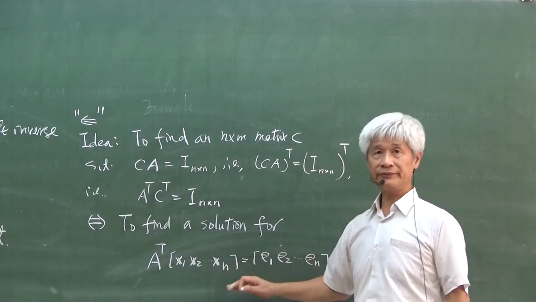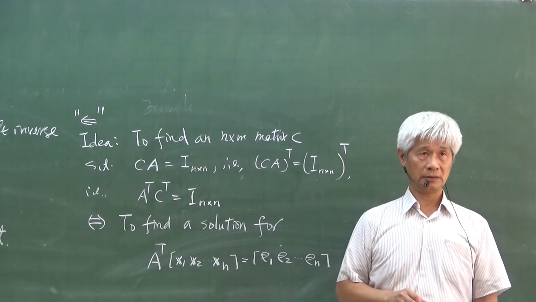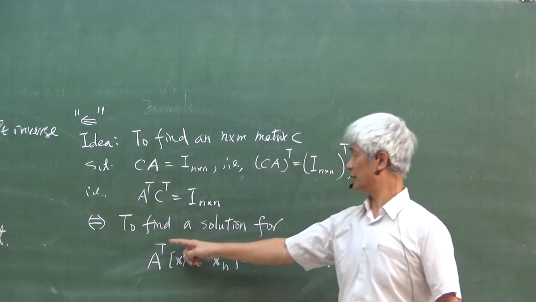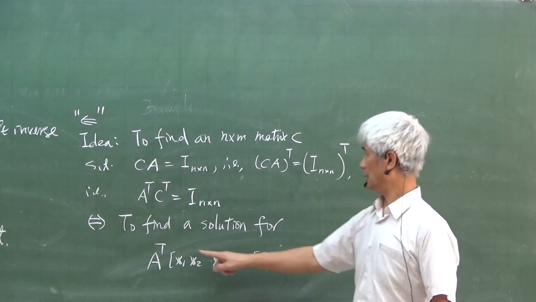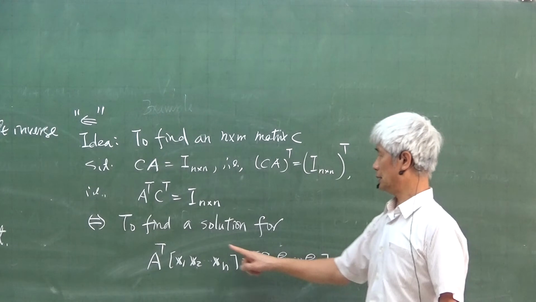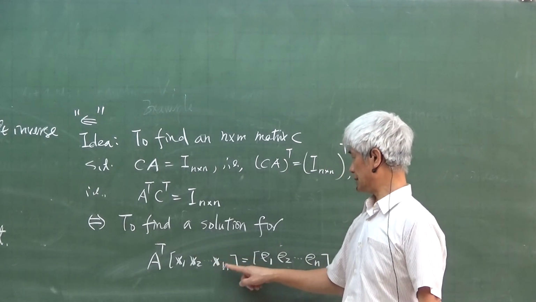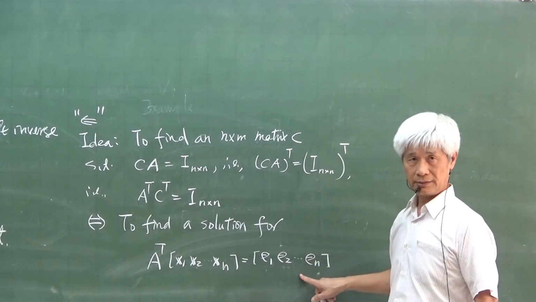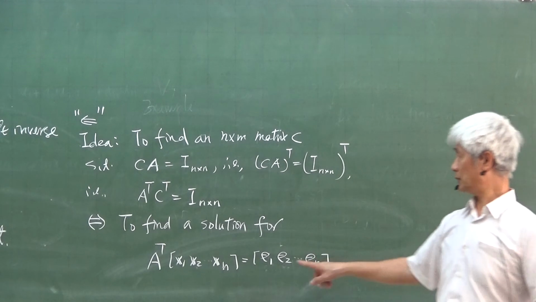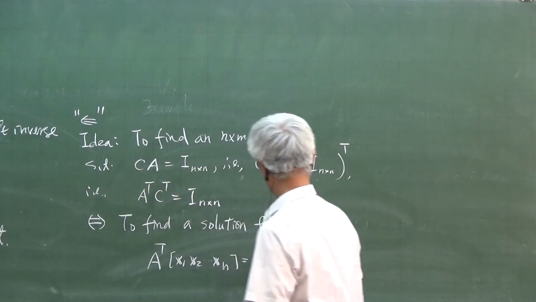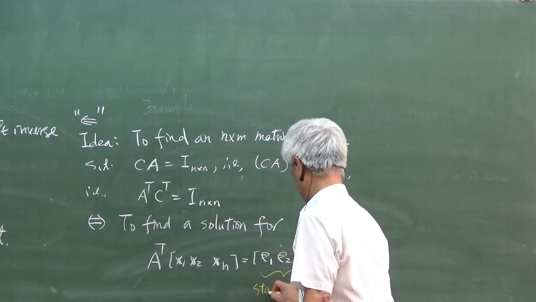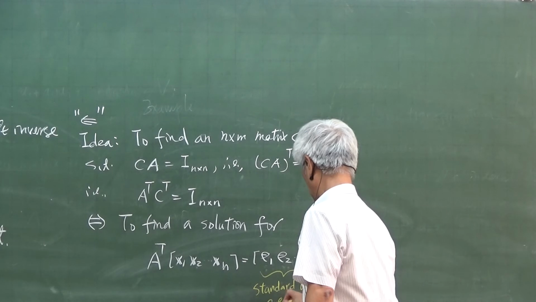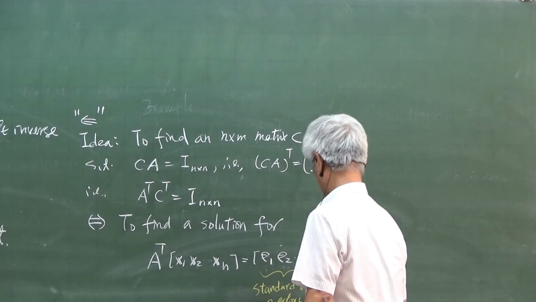So basically this consists of n linear systems: A transpose x1 equals e1, A transpose x2 equals e2, and A transpose xn equals en. They are standard unit vectors, as we know from before.